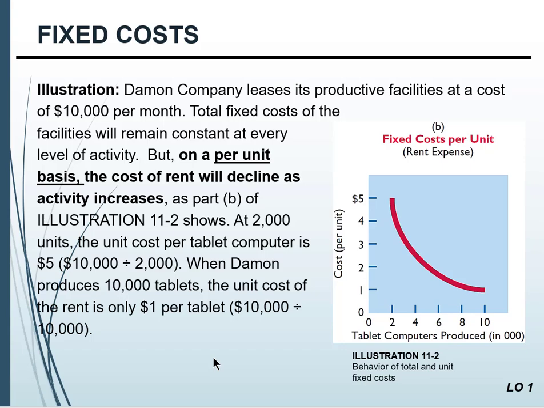The total fixed cost does not change. But for pricing uses, to understand pricing, we have to assess some of this fixed cost to each individual item that we produce. So the per unit price changes, but the total fixed cost does not.